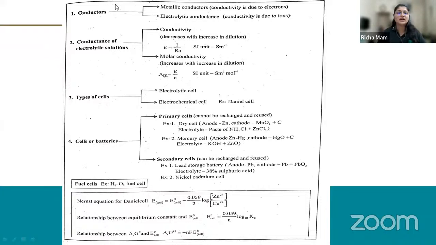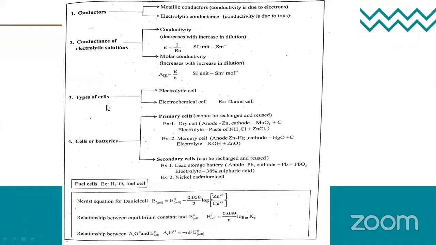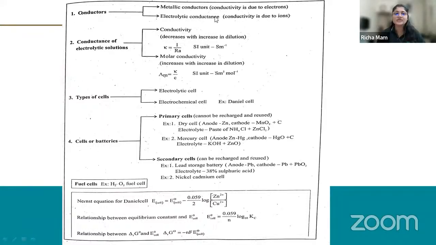Today we are going to start with the conductance of electrolytic solution, which is very important. How does conductivity change with respect to electrolytic solution? It decreases with increase in dilution.